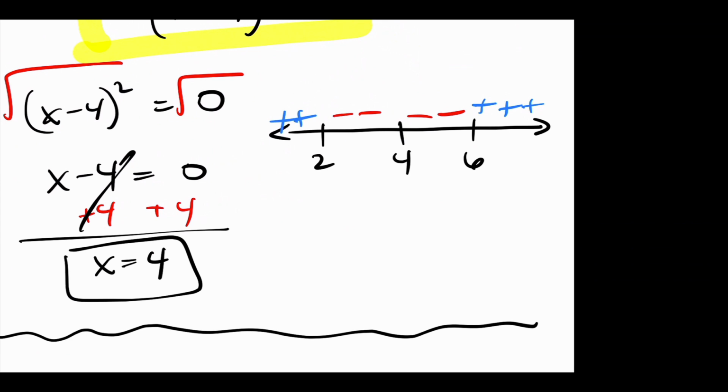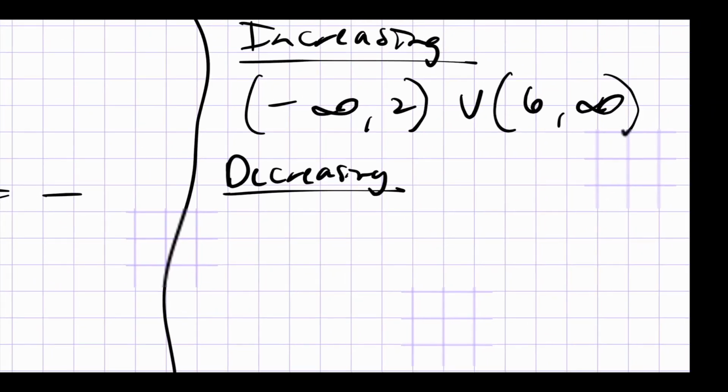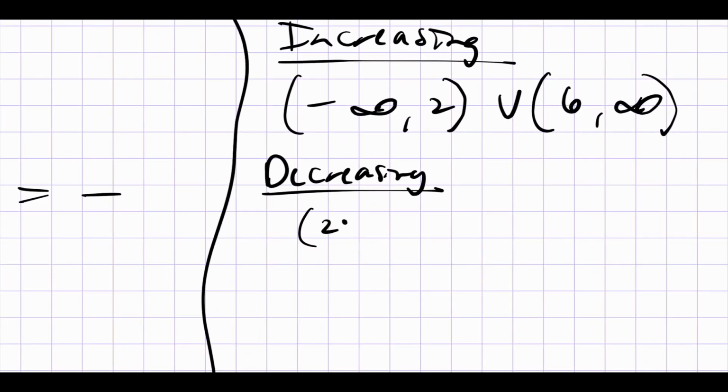Probably at 4, it tapered off. So probably what happened at 4 was it was decreasing, and then it kind of did one of these things and then kind of slowed down. So actually, probably it would be 2 to 4, 4 to 6. You wouldn't include 4 in there because at 4, we know the derivative was 0. So we would say 2 to 4, 4 to 6. Okay.